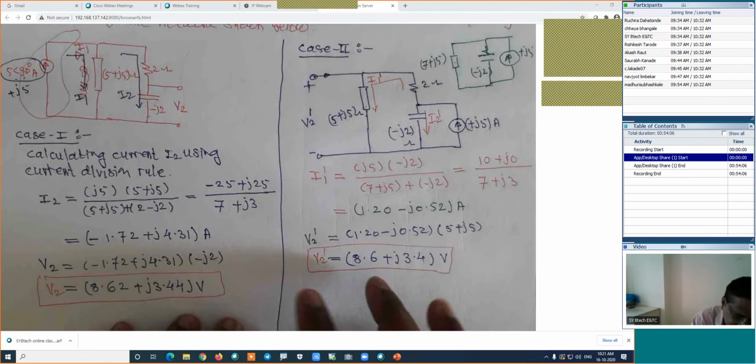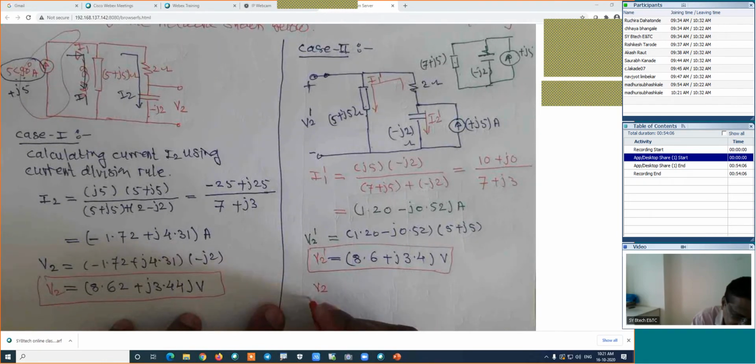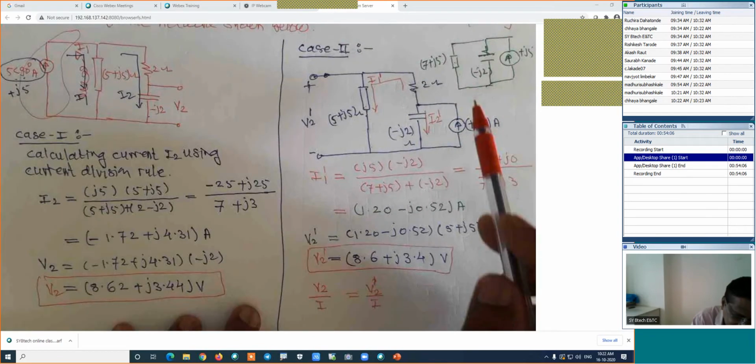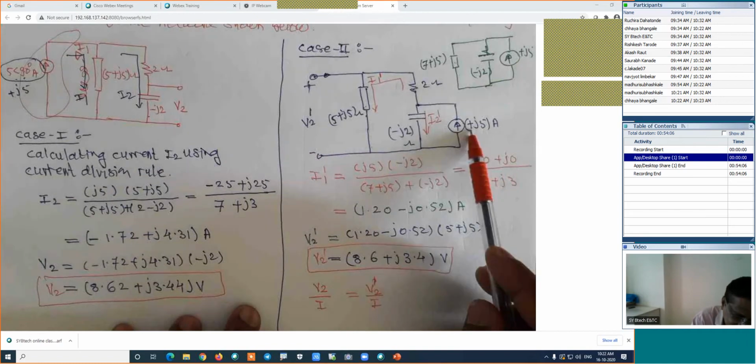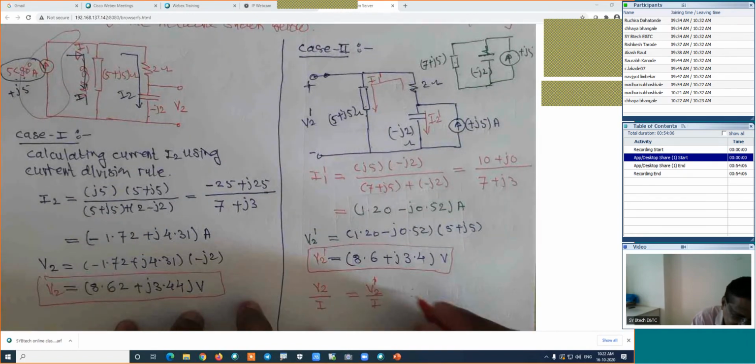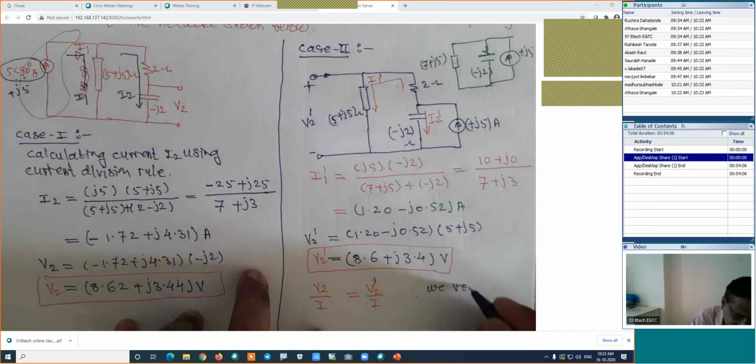If we are verifying, if we find V2 upon this I, it should be the same as V2 dash upon I, because V2 is the same and I is also the same. In this case I is 5 angle 90, again 5 angle 90, which is plus J5. Therefore we verified this theorem. Therefore we verified the reciprocity theorem.